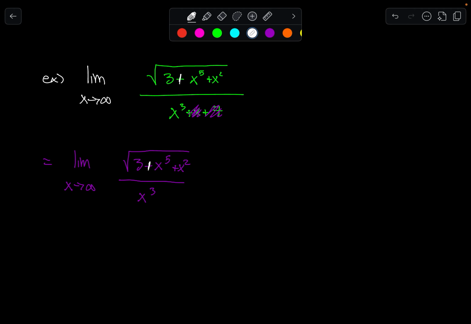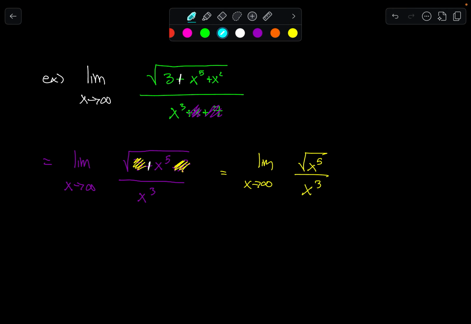But the point is that this x to the fifth term is going to be the thing that's in charge of everything, and that this plus x squared in the long run and this plus 3 here isn't really going to matter. And so we can just view this as the limit as x approaches infinity of the square root of x to the fifth over x cubed.